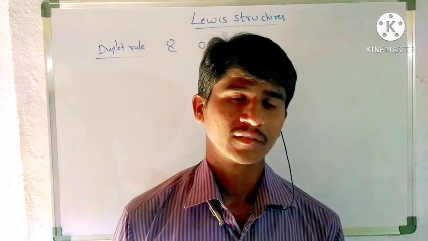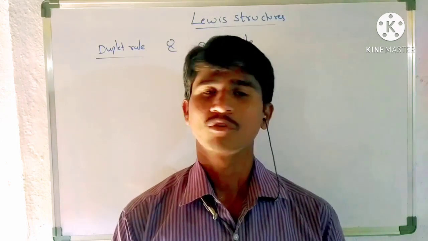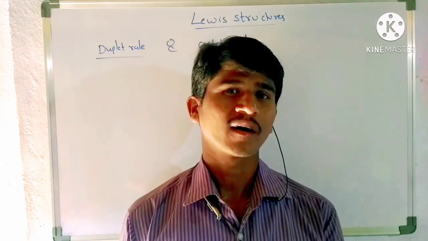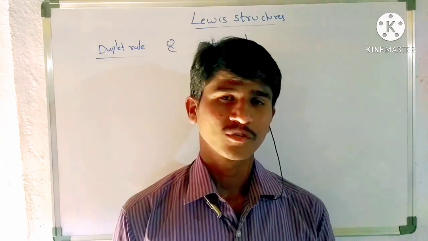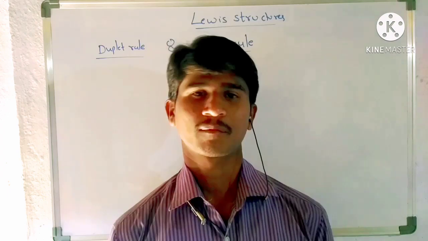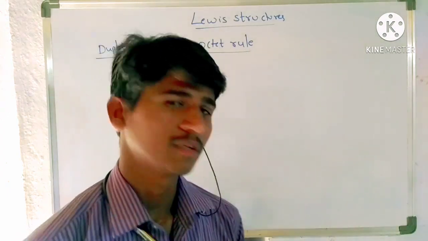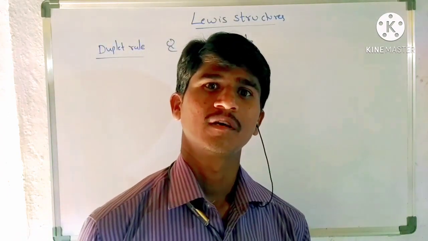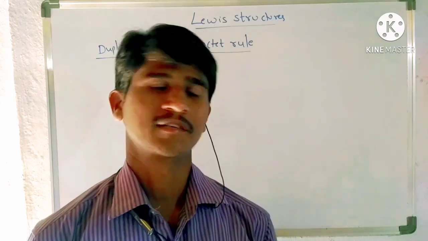To get stability, generally we have to observe the noble gases: helium, neon, argon, krypton, xenon, radon. These elements do not involve in the formation of bonds. Even though they do not form bonds, how are they getting stability? Let us discuss.